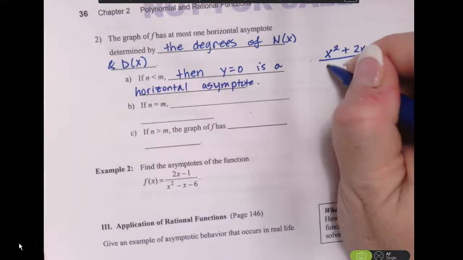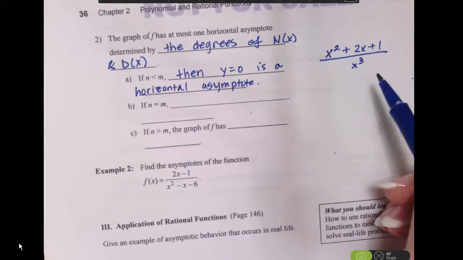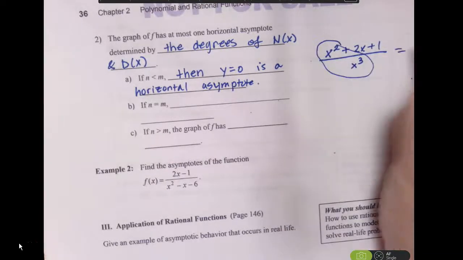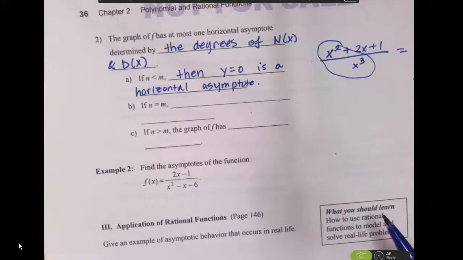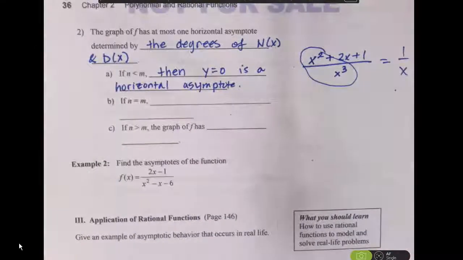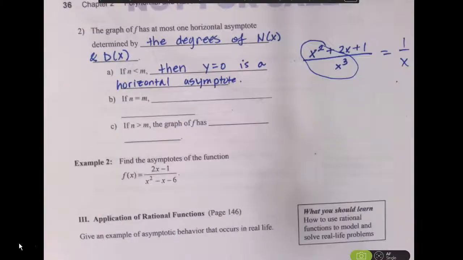So here we would have x cubed. Okay, so if you just look at these and reduce, you end up with 1 over x. x squared over x cubed is 1 over x, and that's kind of the parent function that you're thinking about. Then you end up with y equals 0 as a horizontal asymptote.